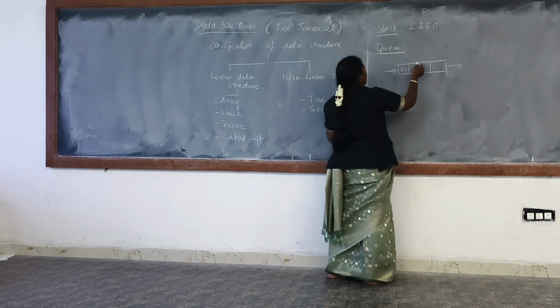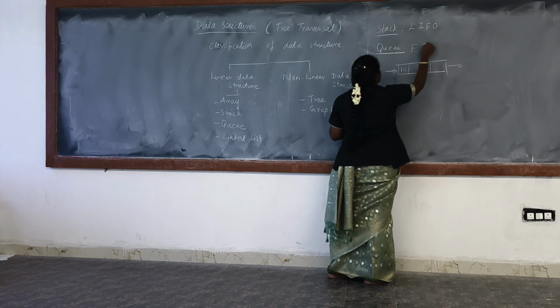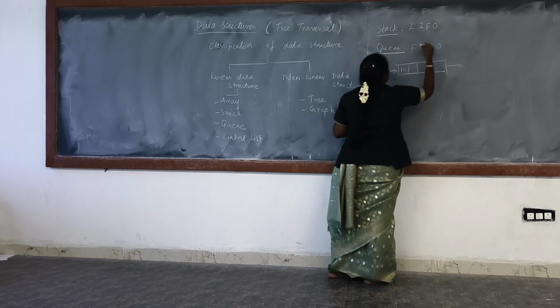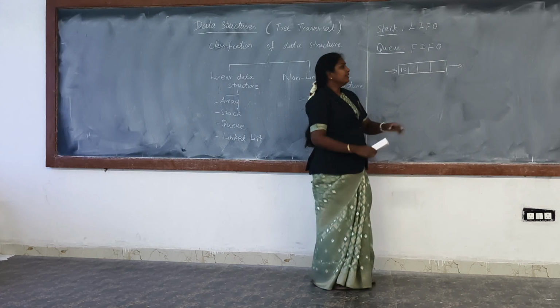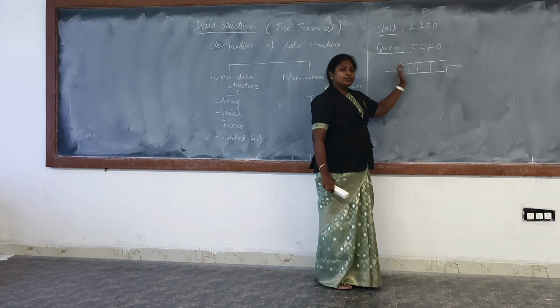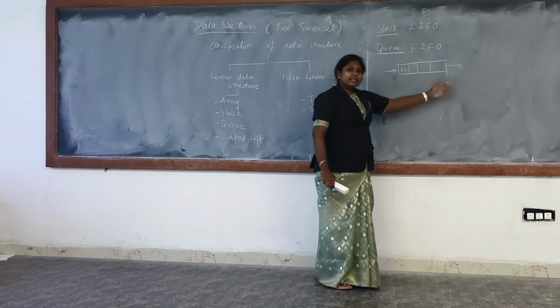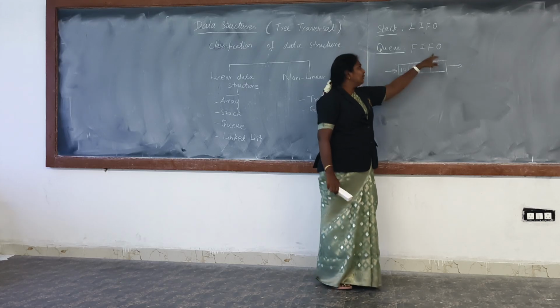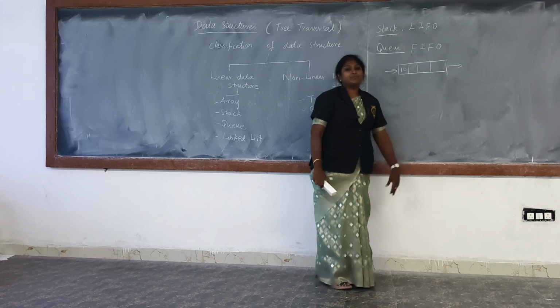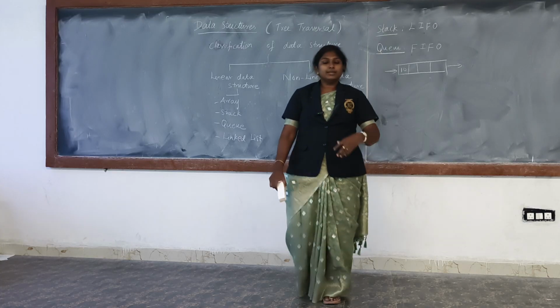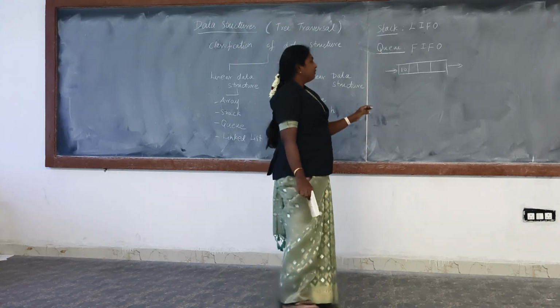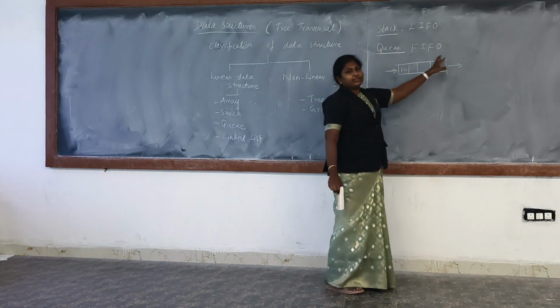This is called a queue. So queue is called a first in, first out structure. The person who goes first will get a ticket and comes out first. Queue is also a linear data structure. It follows the concept called FIFO.